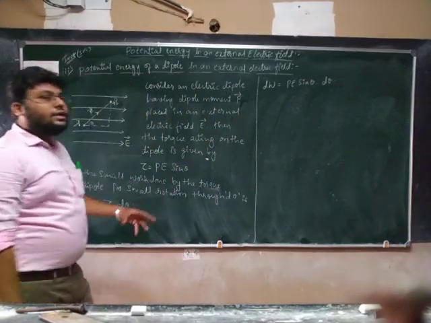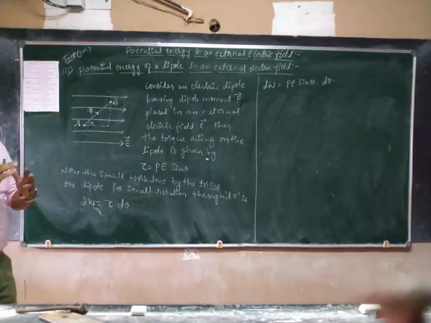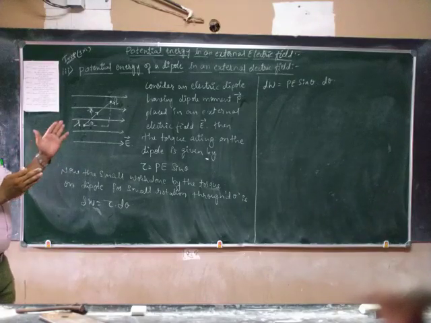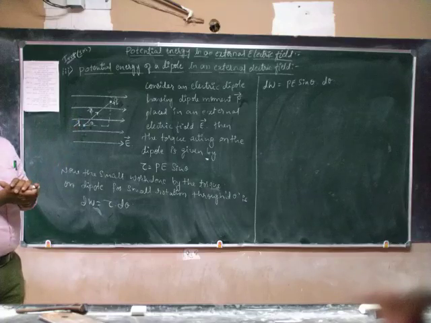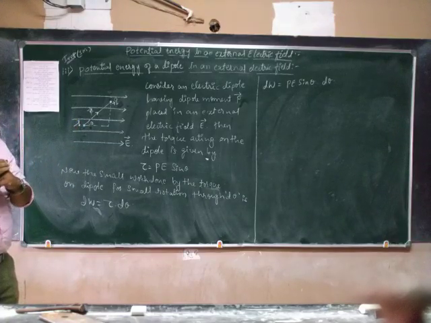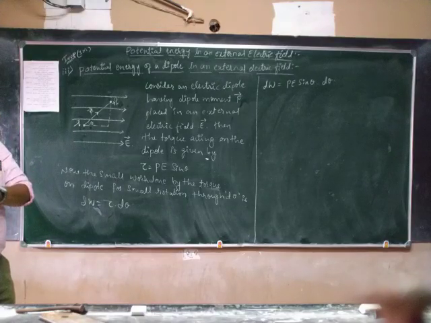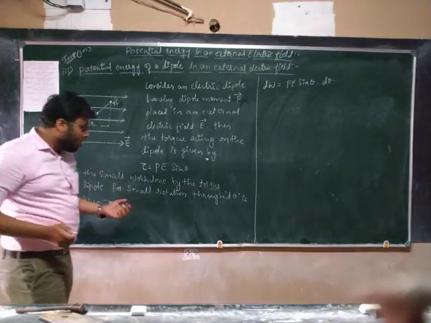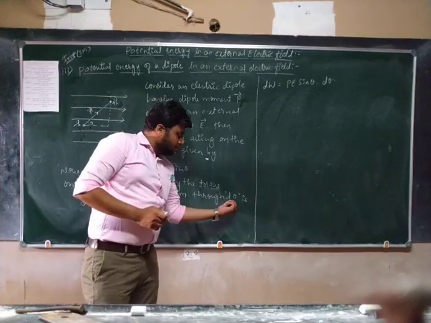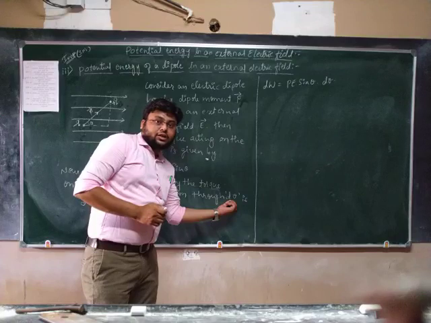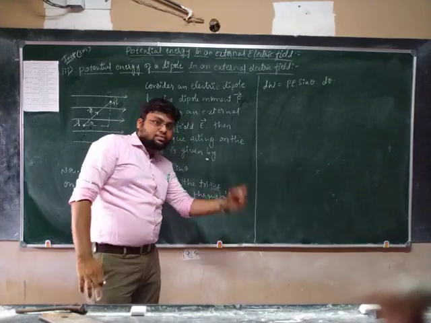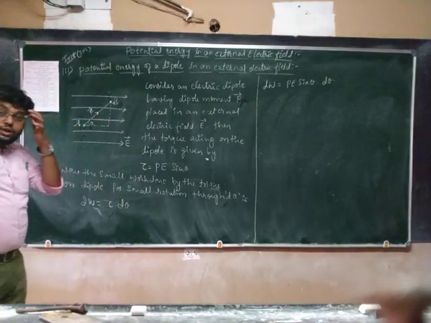Now we need to calculate the work done for the total angular displacement. We don't know from where to where it has been displaced. So for that total displacement, first we have considered the small displacement. From all these small displacements, where we have d theta, we are going to get the total displacement. The sum of small displacements is equal to the total displacement.